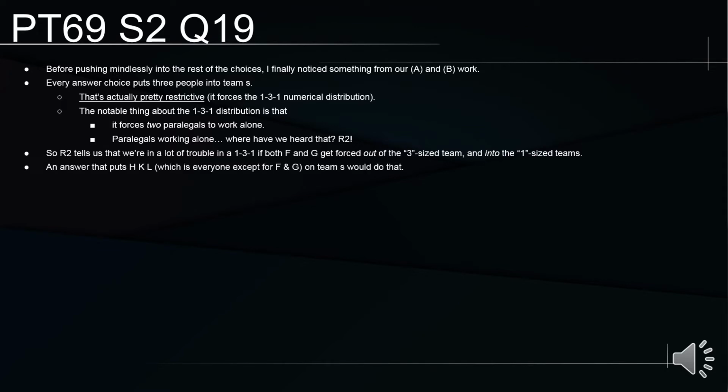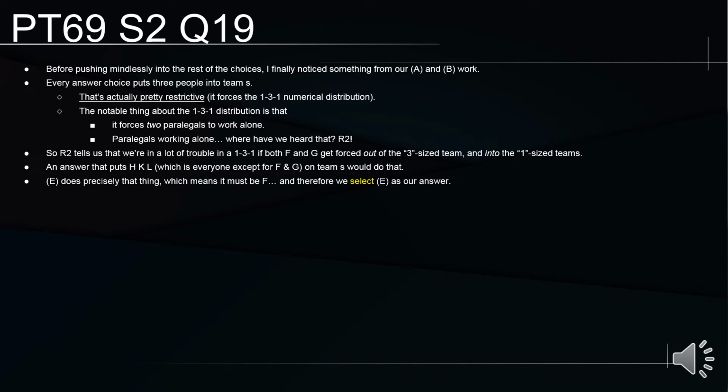So an answer that puts all the other letters, which are H, K, and L, onto Team S would do that. Because again, if you put H, K, and L into Team S, that leaves just the letters F and G, and where are the only places F and G can go? It's just some combination of either it's going to be in R or it's going to be in T. Either way, both F and G are going to end up alone, and that is not allowed by Rule 2.